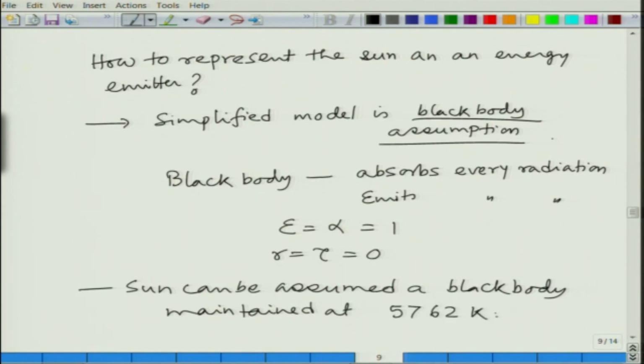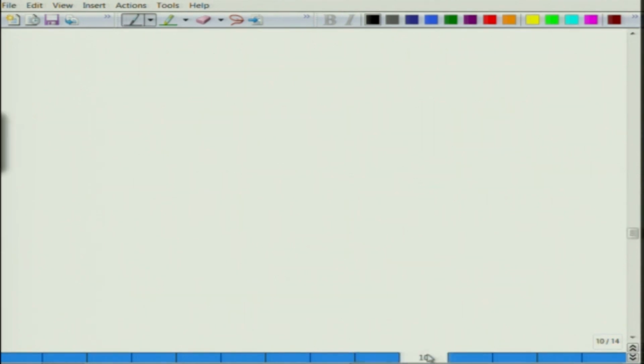Okay. So at this temperature, if you replace the sun with a black body at 5762 Kelvin, then you will get a similar kind of radiation to what we receive as solar radiation on earth. Okay. So, that is what it means.